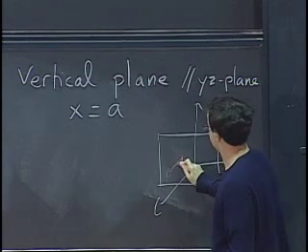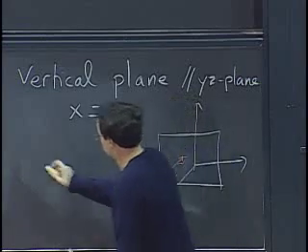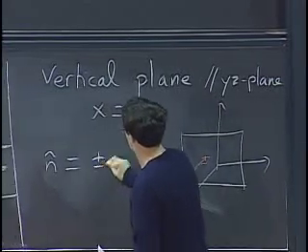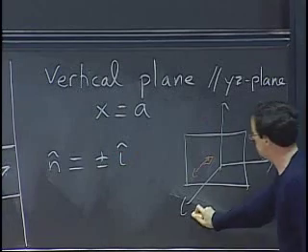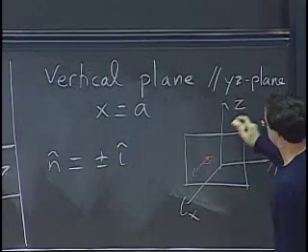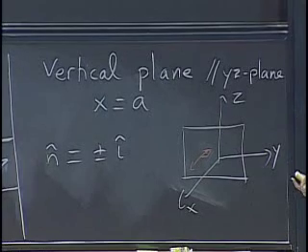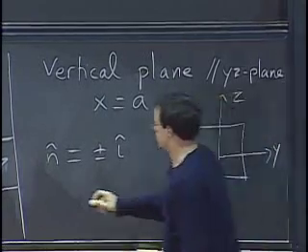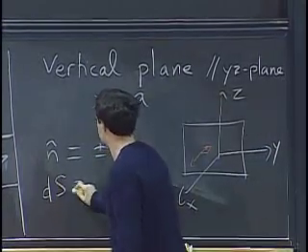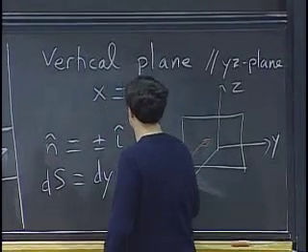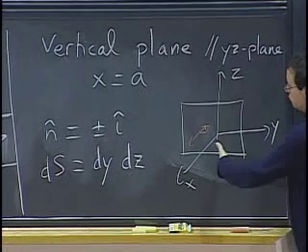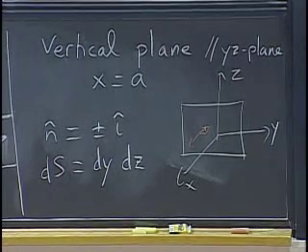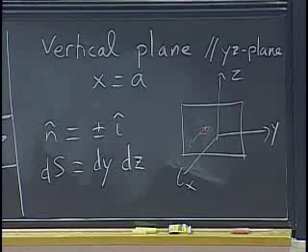Let's say I'm having it come to the front. Well, the normal vector would be plus or minus i. And the variables that I would be using to find out my position on this would be y and z. And in terms of those, the surface element is just dy dz. Similarly for planes parallel to the xz plane, I'm sure you can figure that one out.